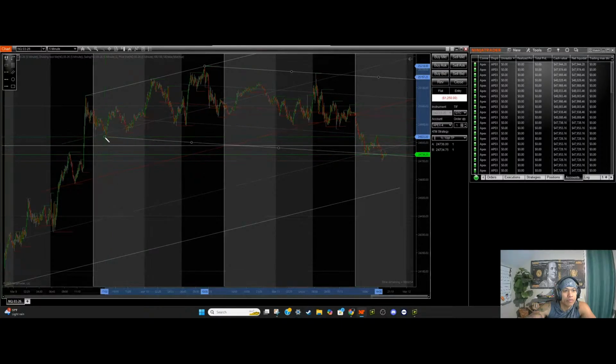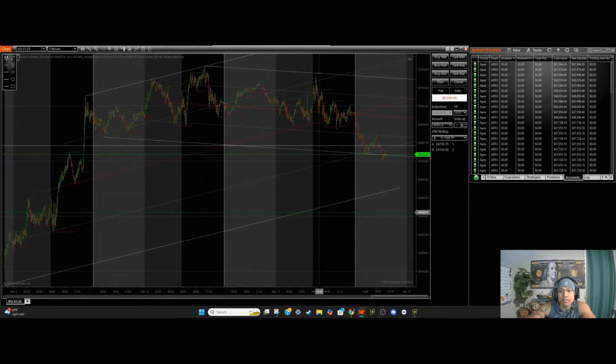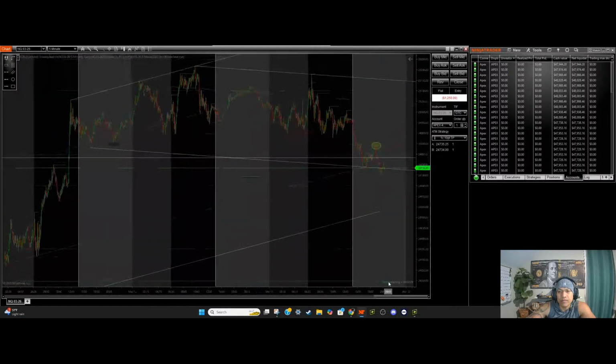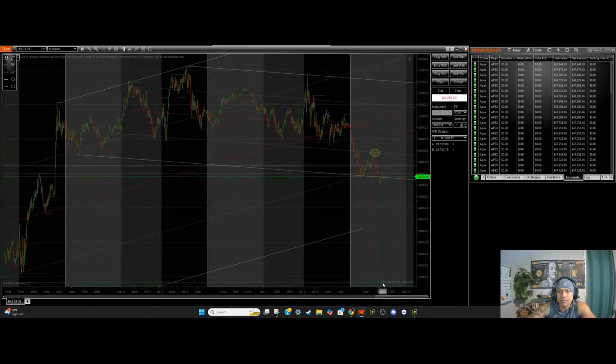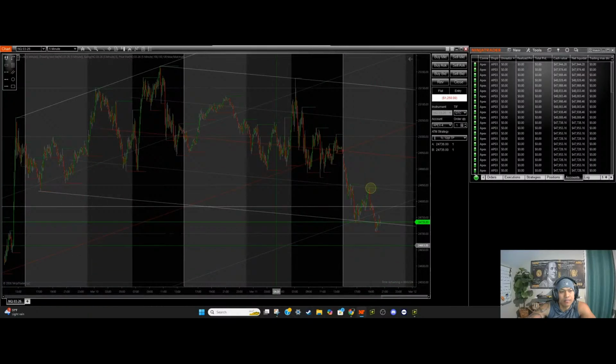And then we broke. It's chopping right there. We ignored this. Okay. We'll have to wait for another volatility because right now it doesn't really care.